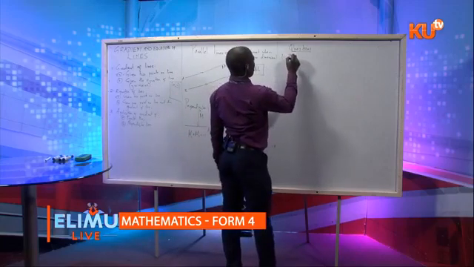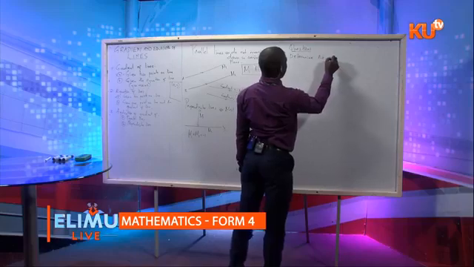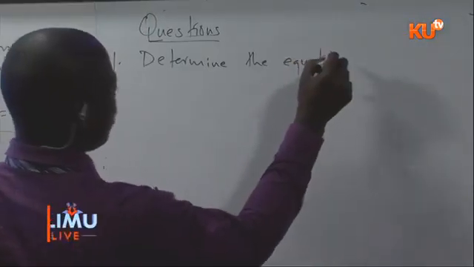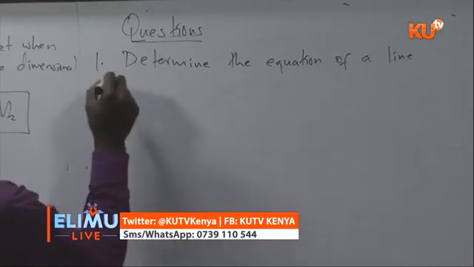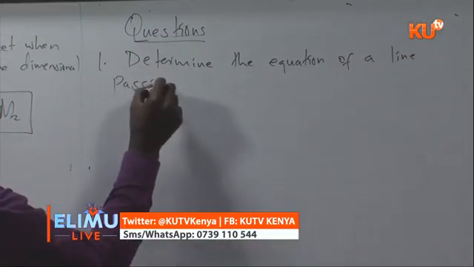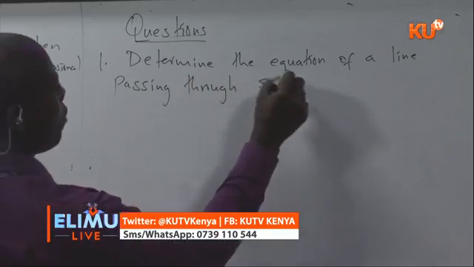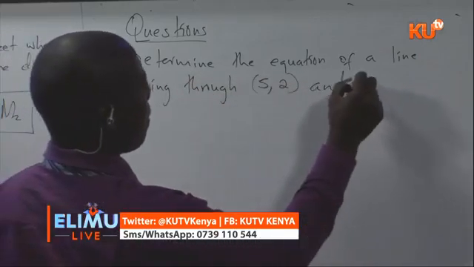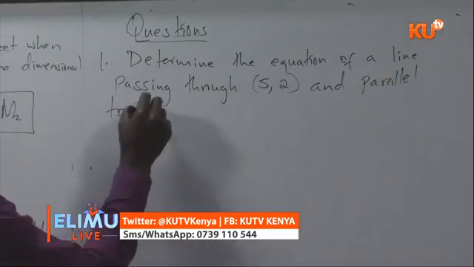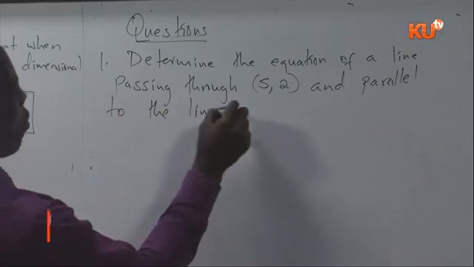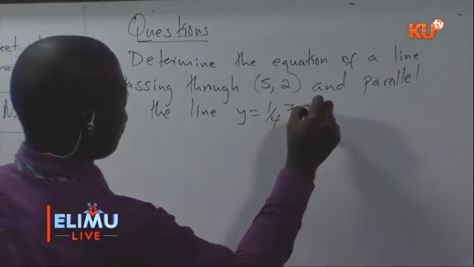You are told to determine the equation of a line passing through (5, 2) and parallel to the line y = 1/4 x - 4.